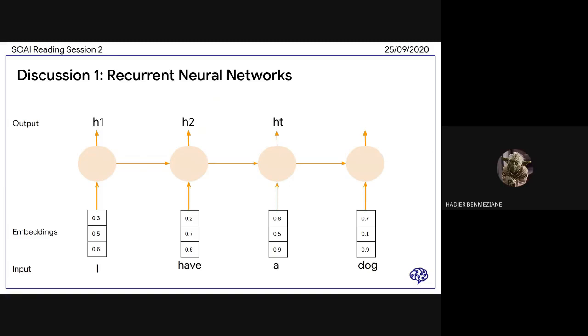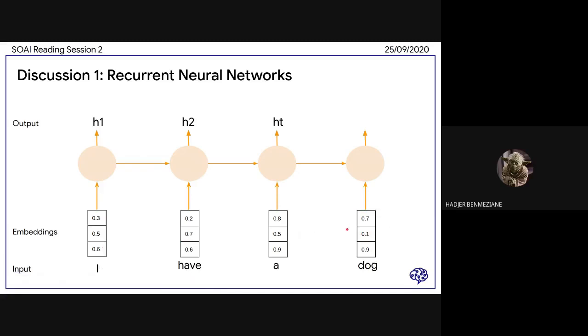So we can have some sort of manipulation on the words using that embedding. So each word is transformed into a vector. Here we have I, this vector A, and then dog, this vector. Okay, so this is the first step.